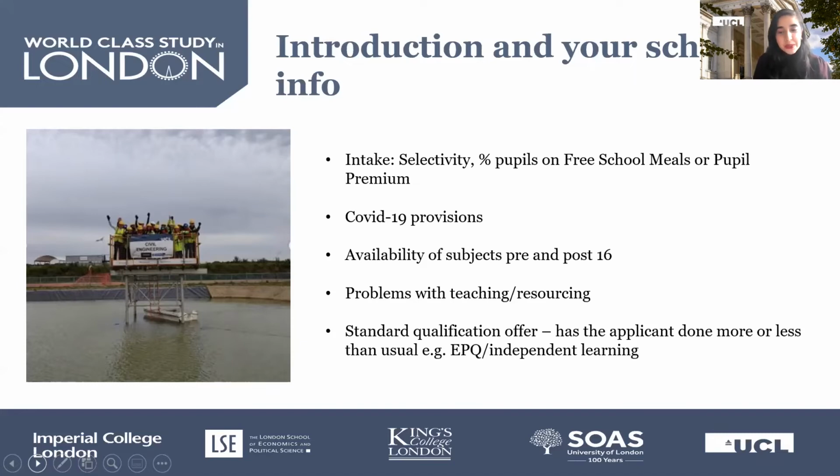So when we're reading the reference, we'll have a better idea of whether that applicant has done more or less than the usual typical student from that school might have done. So, if they've done an EPQ, what's the percentage of uptake of the EPQ in that school? If they've done independent learning, how typical is that for the students in that particular year group?